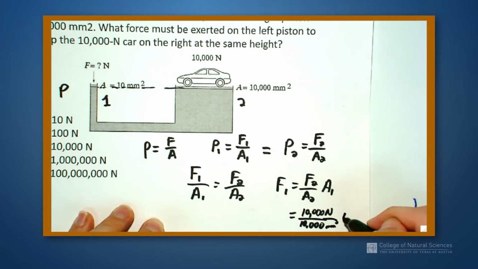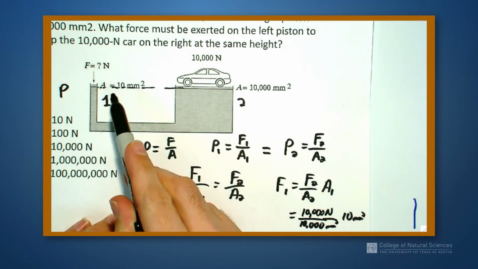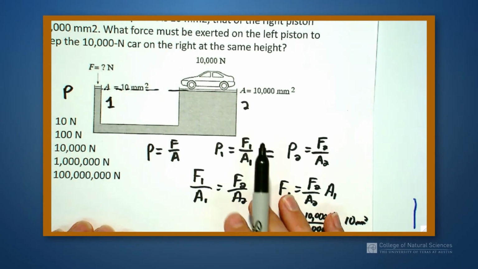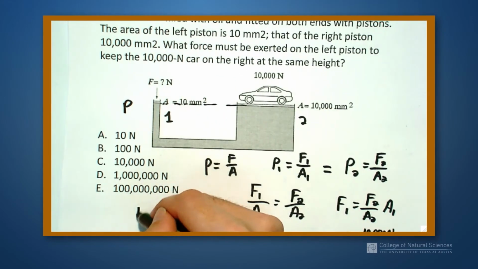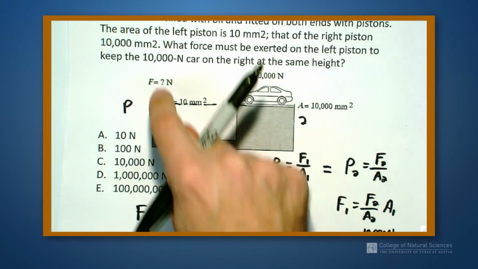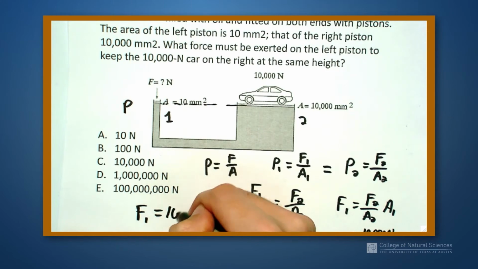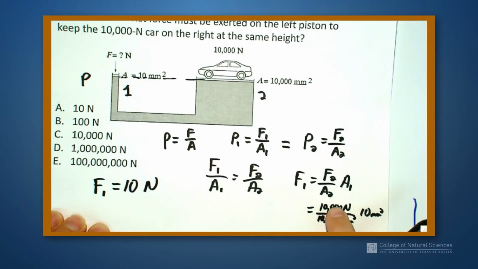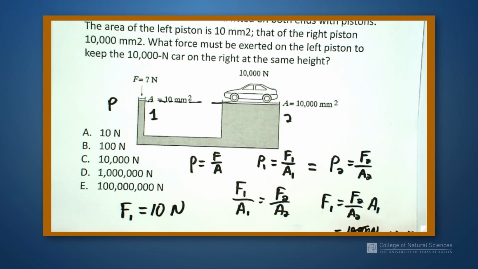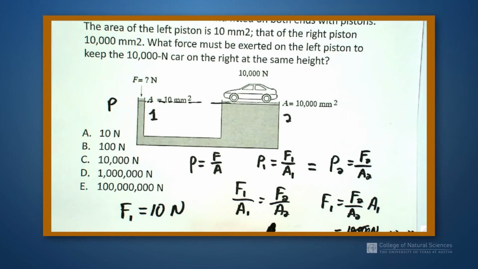And we're going to multiply this by 10 millimeters squared for the area of the first part. When I work this out, I will find that F1, the force on 1, has to be equal to 10 newtons. 10,000 divided by 10,000 is a value of 1, my millimeters cancel with my millimeters, and I'm left with 10 newtons.